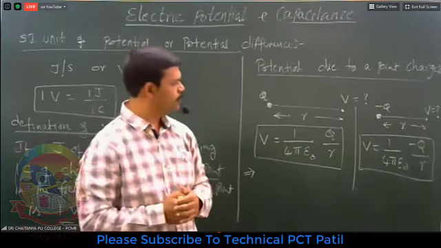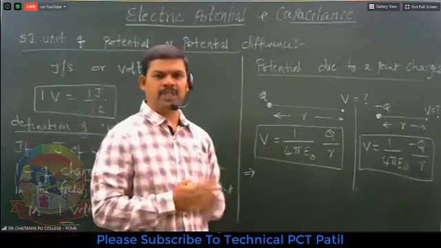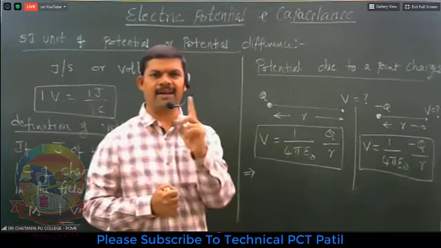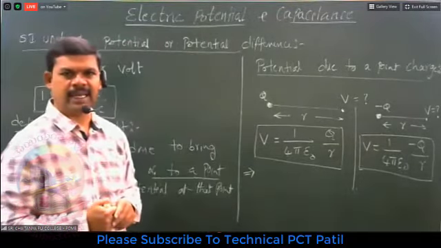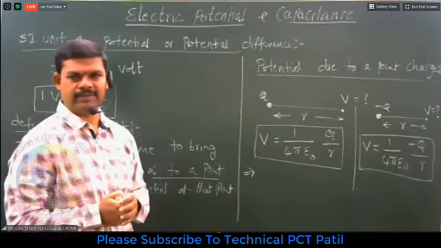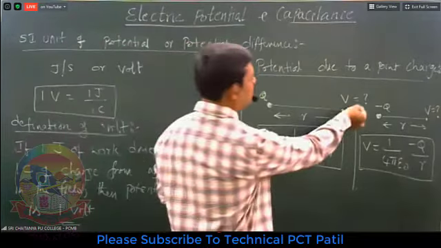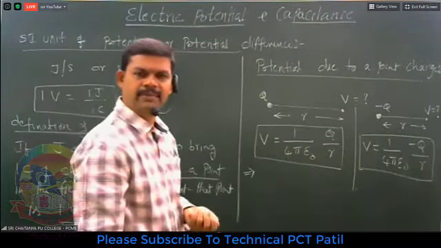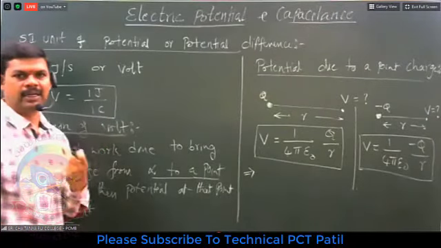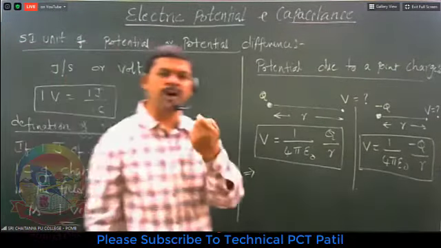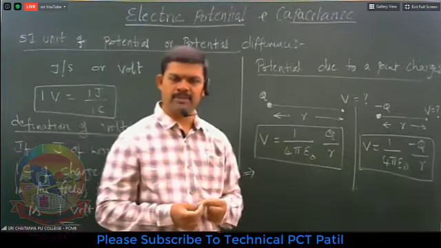One more doubt: is the potential a scalar or a vector? See, here there is no direction. From the definition, potential is the work done to bring a positive charge from infinity to a point.